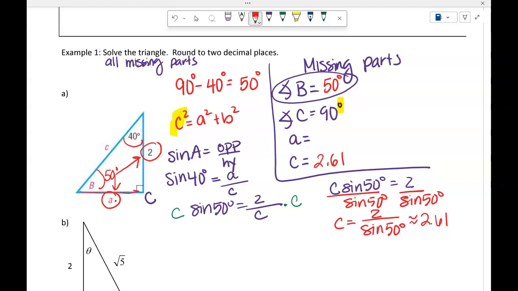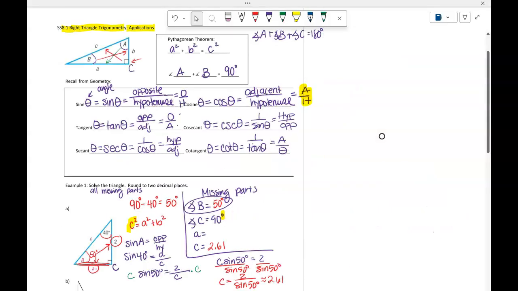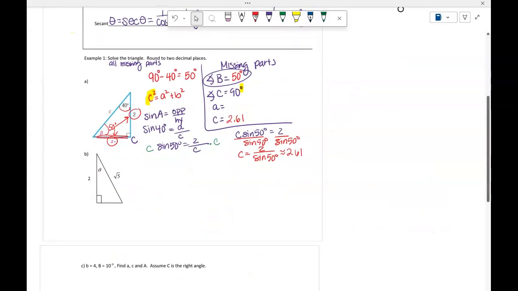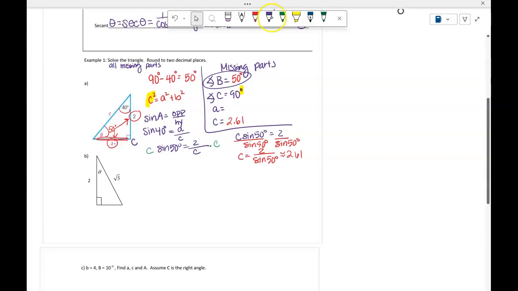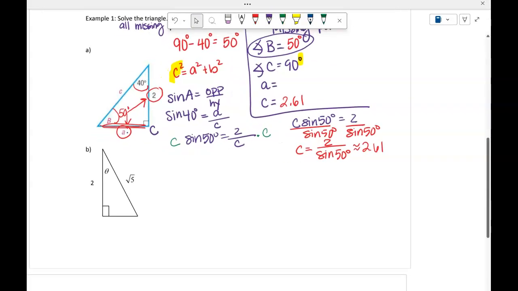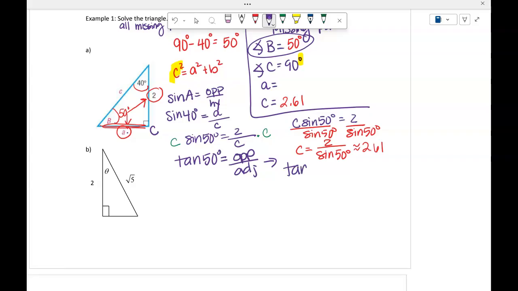Adjacent, that means a side next to it, is A. So I'm going to use tangent to solve. So tangent of 50 degrees equals opposite over adjacent. Tangent of 50 degrees equals opposite, again, which is 2, over adjacent leg A, which is what we're trying to solve.